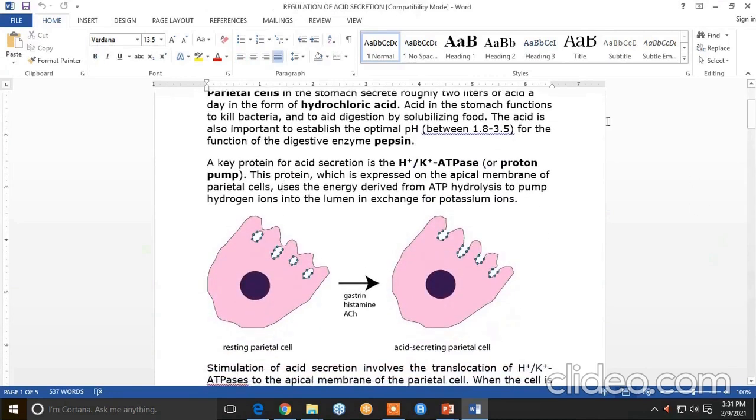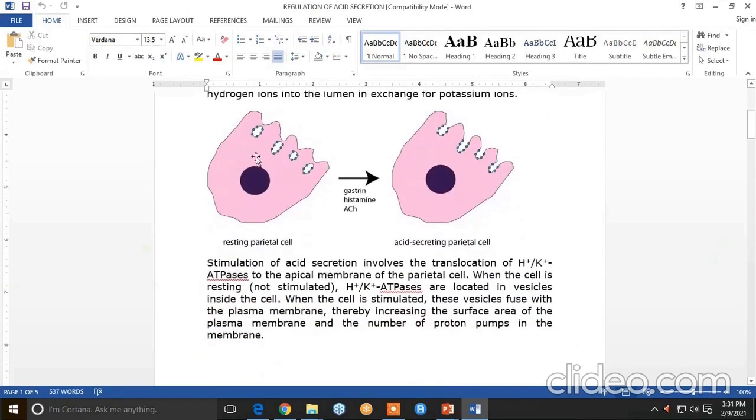Now these are the resting parietal cells. In the presence of gastrin, histamine and acetylcholine, the parietal cell becomes an acid secreting parietal cell. Now these are the resting parietal cell and these are the acid secreting parietal cell. Stimulation of acid secretion involves the translocation of hydrogen potassium ATPase to the apical membrane of the parietal cells.